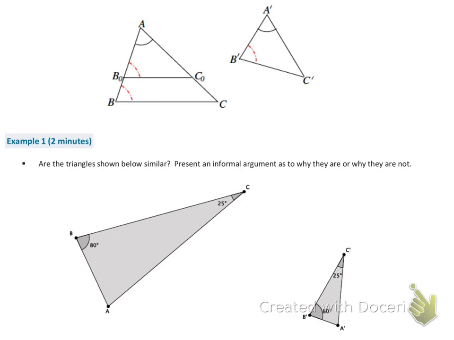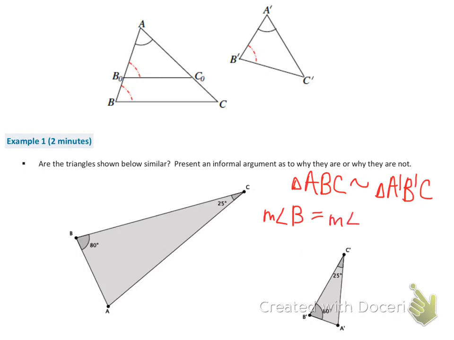And so I could argue that they are similar, and I could write a statement such as triangle ABC is similar to triangle A'B'C'. And the reason I know they are is because the measure of angle B is equal to the measure of angle B', and that's 80 degrees.